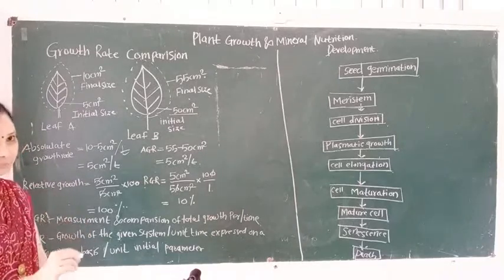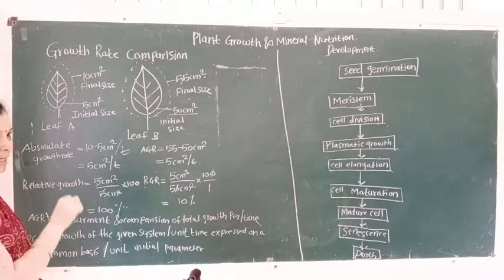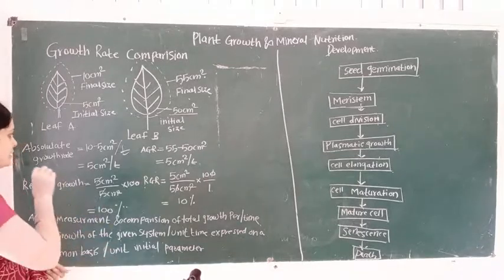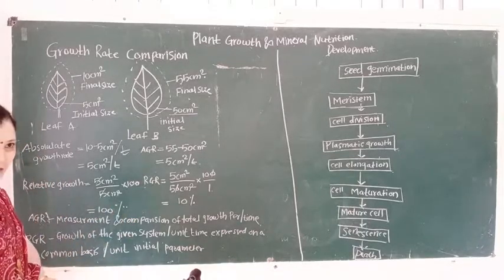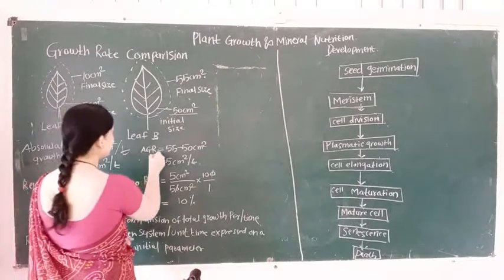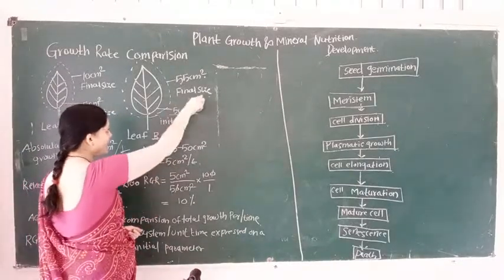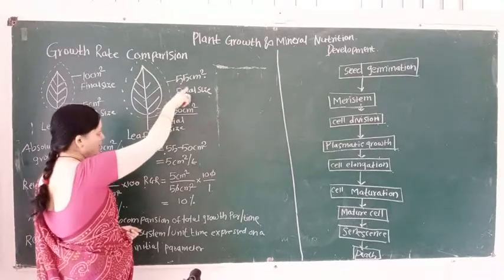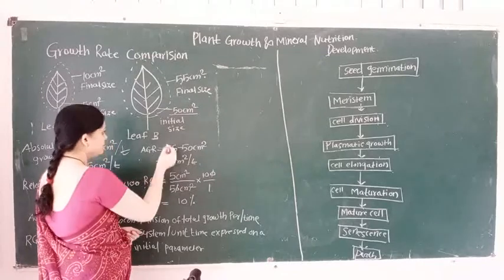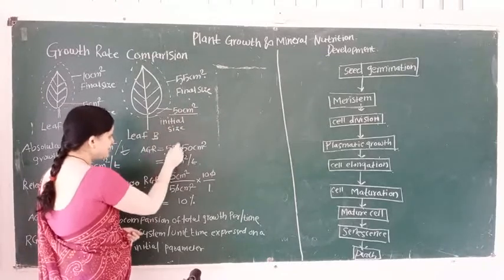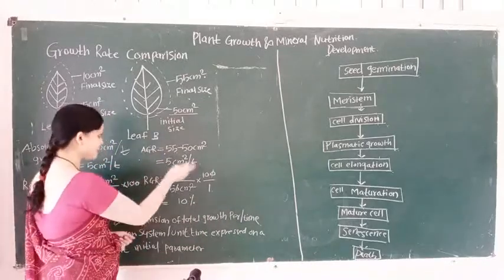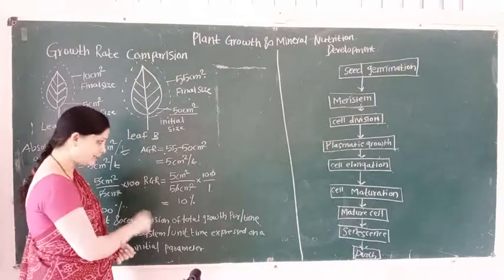Then we calculate the value of the AGR, that is, the absolute growth rate. So how do we calculate the value of the AGR? AGR is equal to the final size in leaf B, 55 centimeter square, minus the initial size, 50 centimeter square, per unit time t.